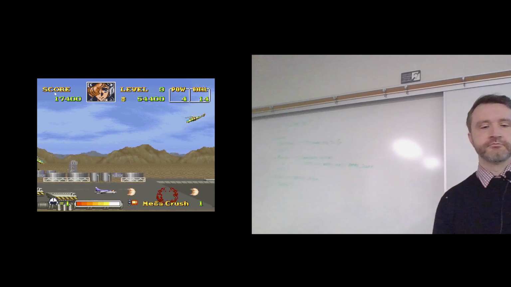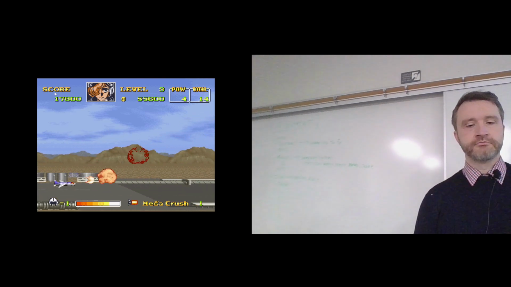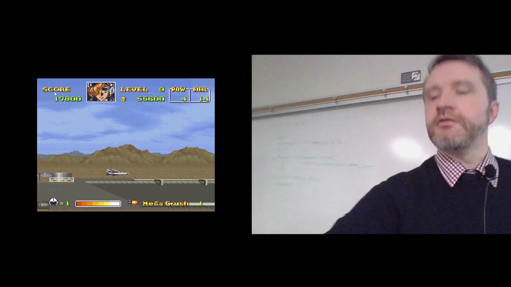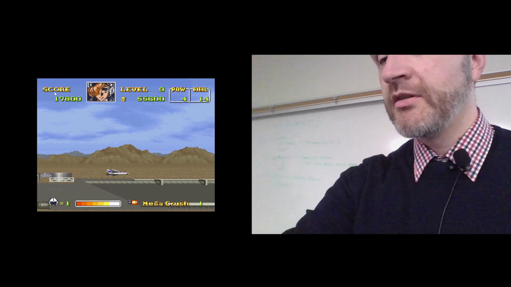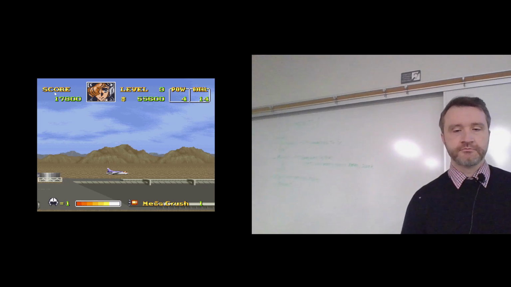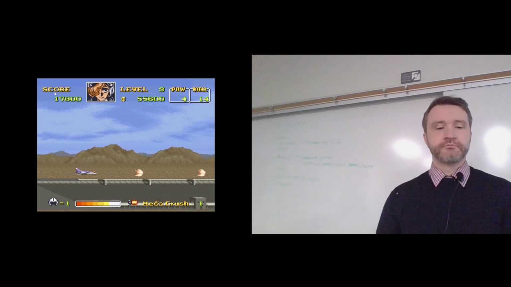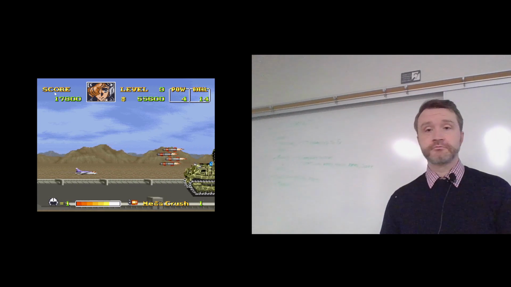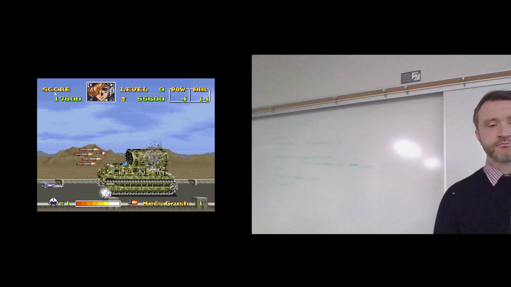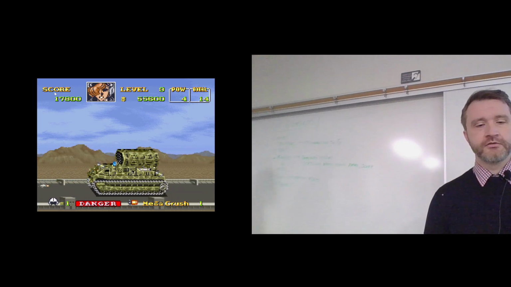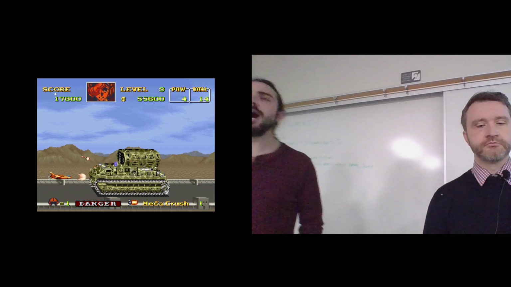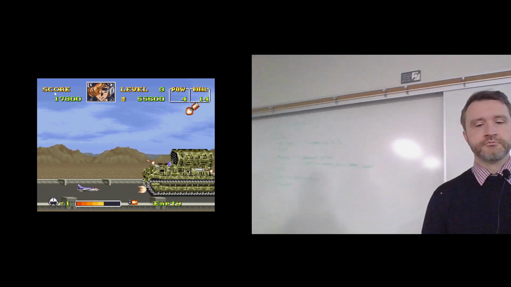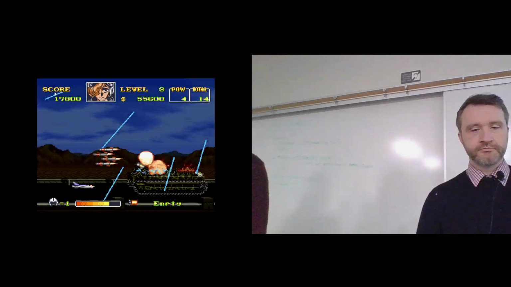Let's talk about the level itself. Is the volume too high? Should I turn down? Yeah, okay. So we have an auto-scrolling level. What are the other elements of this level in terms of things that we can see on the screen, minus, let's say, the UI? We're not primarily interested with UI.